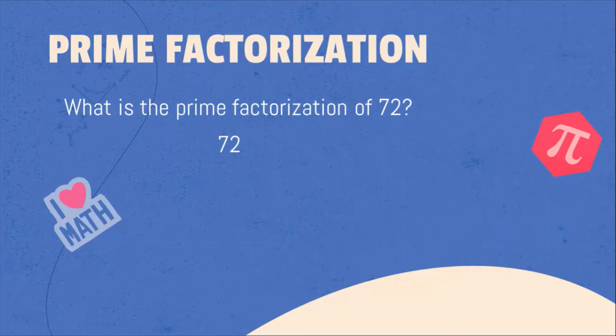Okay, let's check if your answer is correct. What are the factors of 72 aside from 72 and 1?